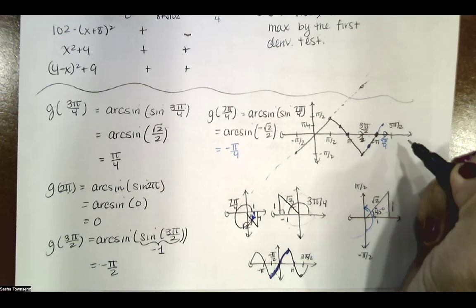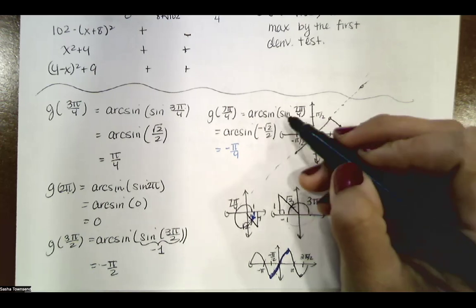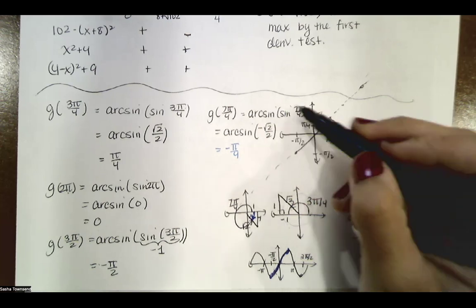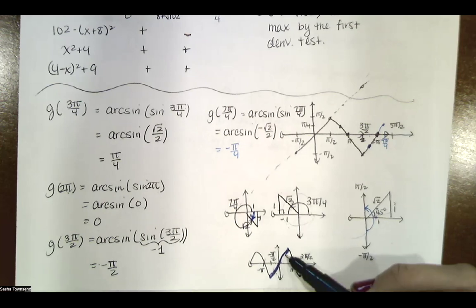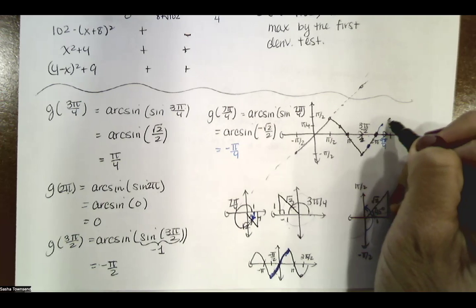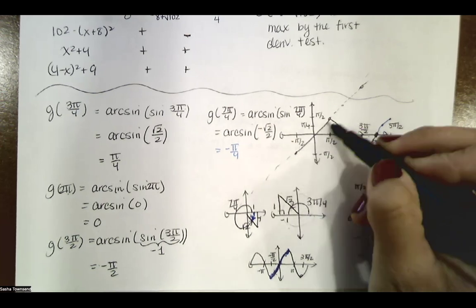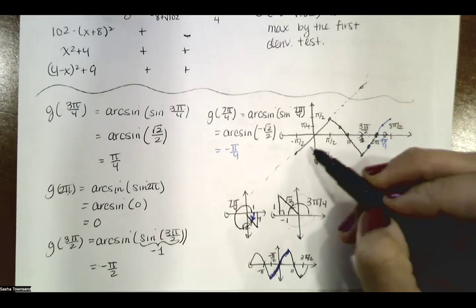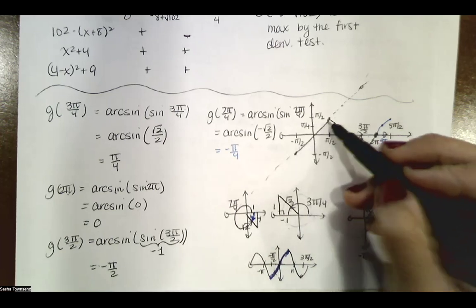And we just continue in this way. At 5 pi over 2, sine is 1. So we take the arc sine of 1. Say, what is the angle whose sine is 1 on the interval from negative pi over 2 to pi over 2? It's pi over 2. And so we get this, it looks like y equals x on that interval from negative pi over 2 to pi over 2.